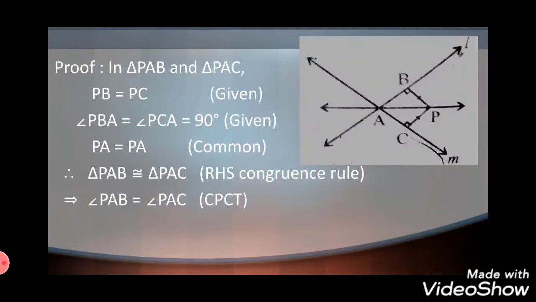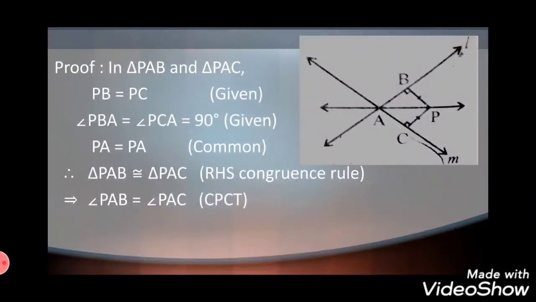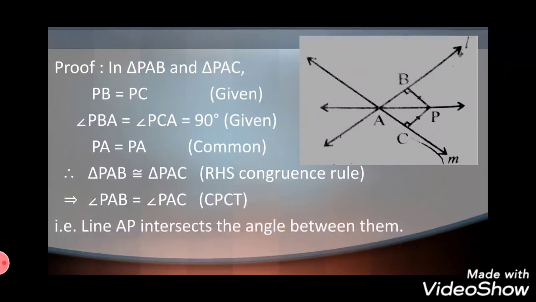This implies that angle PAB equal to angle PAC, that is CPCT. Here you can see this will be the CPCT, angle PAB equal to angle PAC. This is your CPCT, that is line AP bisects the angle between them. Hence proved.